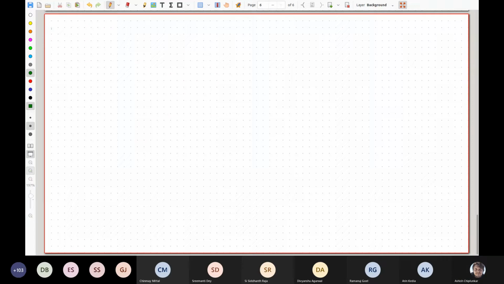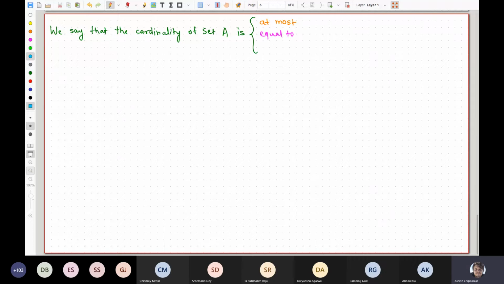We say that the cardinality of set A is at most, equal to, or at least the cardinality of set B if there exists what? I'm making three statements in one statement over here.